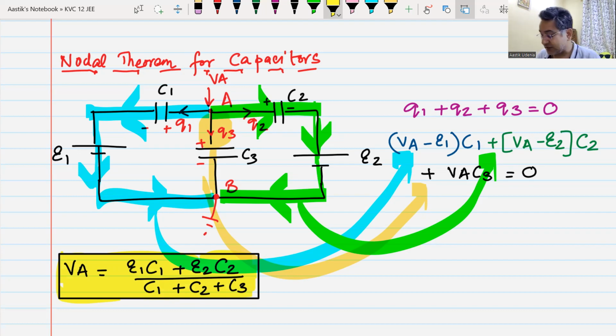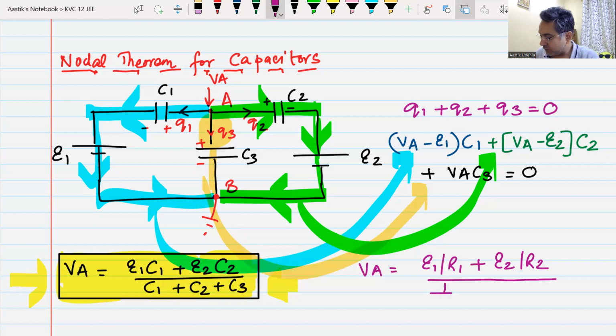The original equation that I got for the resistor. Can anyone recall what was the equation we got for resistors? It was E1 by R1 plus E2 by R2 divided by 1 by R1 plus 1 by R2 plus 1 by R3.